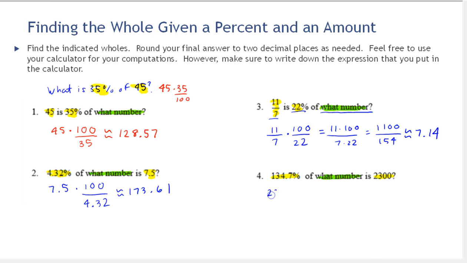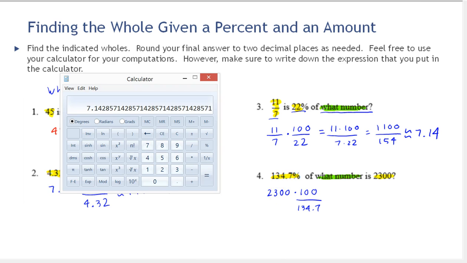So let's just follow the same process. We take 2300, we multiply by the percent we want, which is 100%, divide by the percent we have. So notice this is a proper fraction, so it's a smaller amount of 2300, and that makes sense. Now let's multiply 2300 times 100 divided by 134.7, rounded to 2 decimal places. Well, here the thousandths place is 8, so I round up.